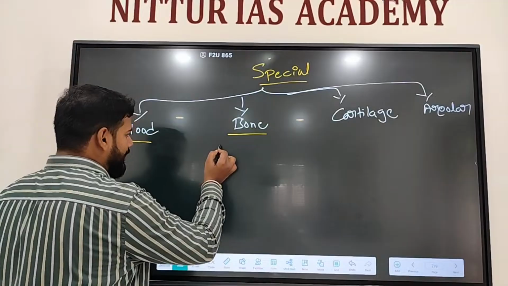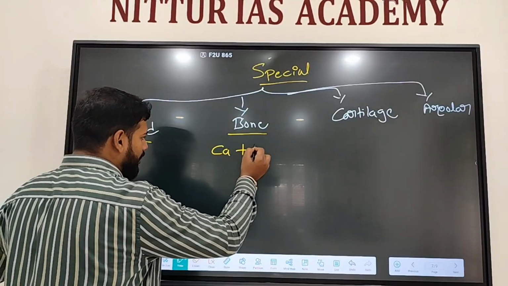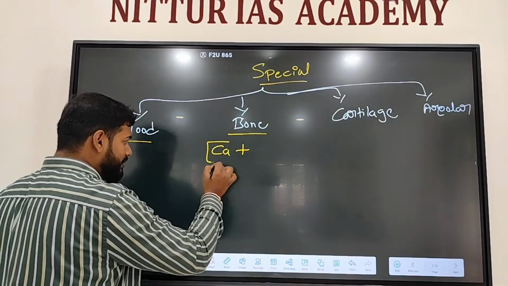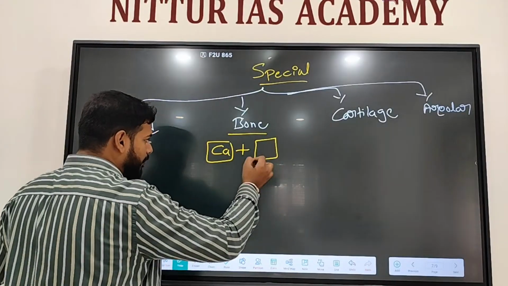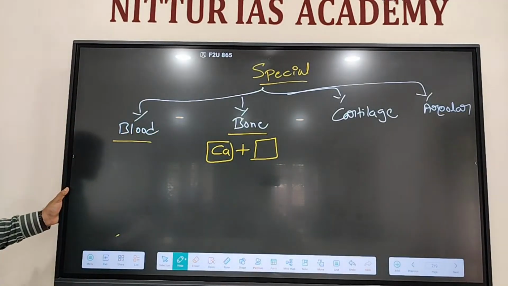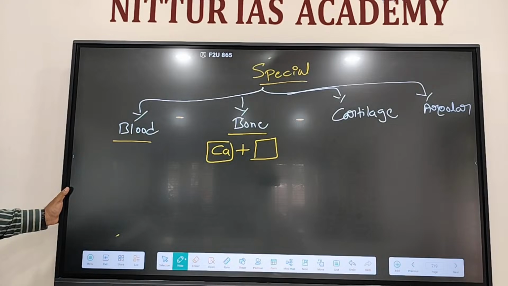Bone is made up of calcium and phosphorus. The symbol of calcium is Ca, the symbol of phosphorus is P. Chemical symbols: symbol of iron, symbol of gold, symbol of carbon.